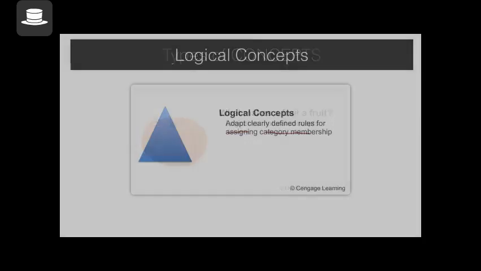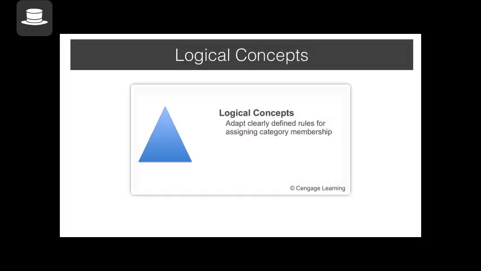For instance, logical concepts. A logical concept has clearly defined rules for category membership. In other words, this is either a triangle or not a triangle. And the rules are not fuzzy, very clear. A triangle has three sides, three angles, and it's a closed structure.